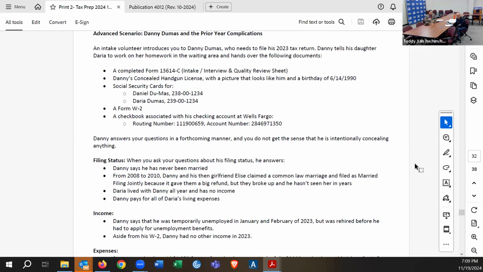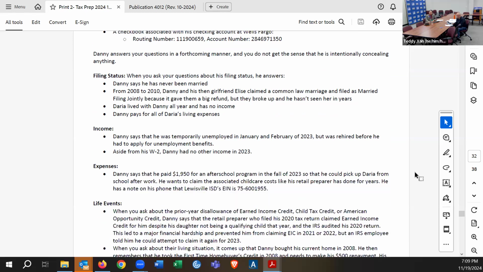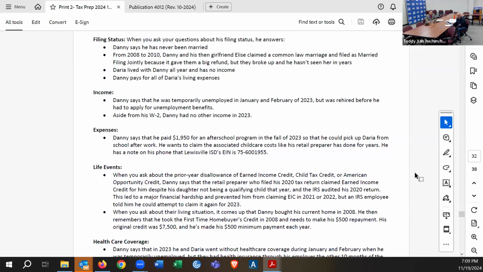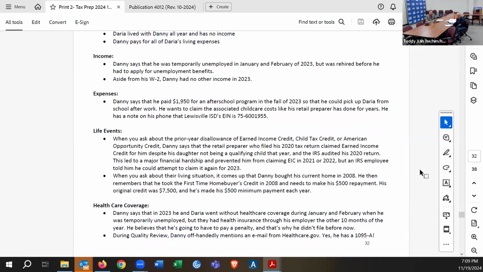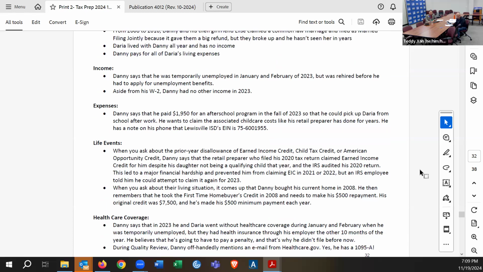So, examples of things that are going to be all amalgamated into this, but you will see on an individual basis once in a blue moon: prior year tax returns, marriages that have not actually been annulled, people who have the 1095A to fill out, people who still have to repay their 2008 first-time home buyer's credit, and a couple other things.